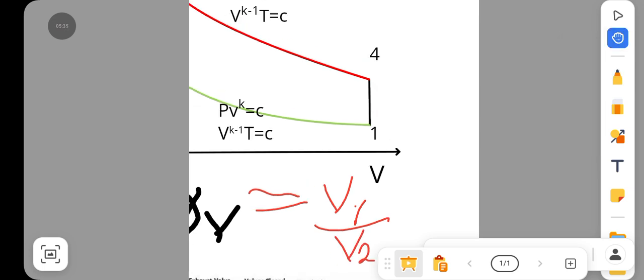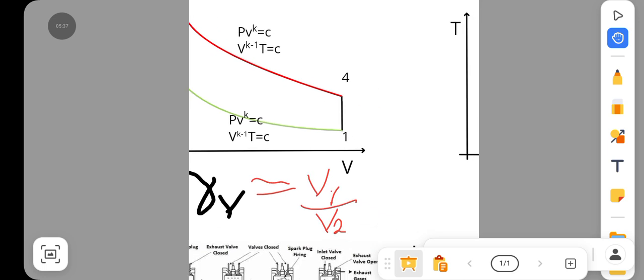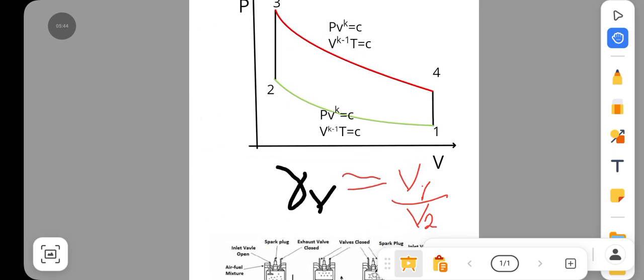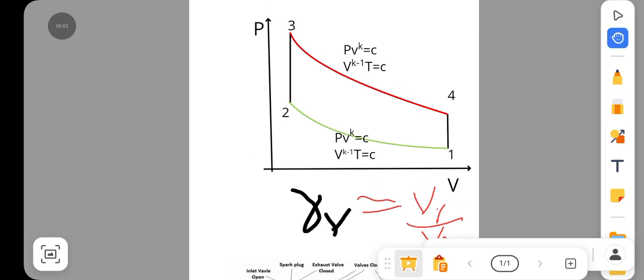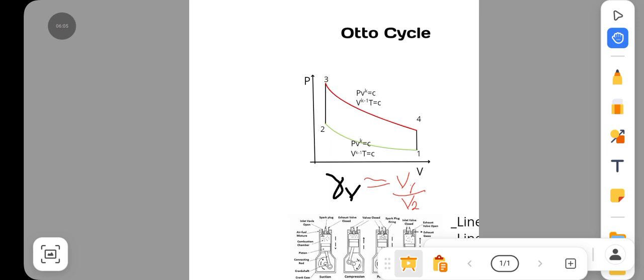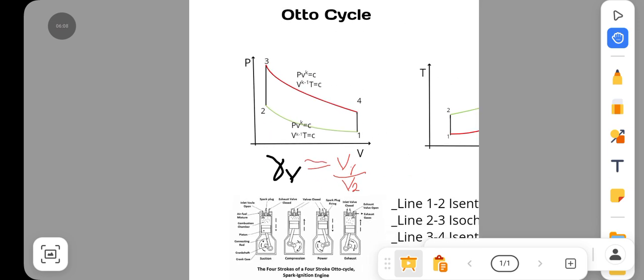That is the maximum volume divided by the minimum volume. You can see that V4 over V3 is still the same as V1 over V2, our compression ratio.